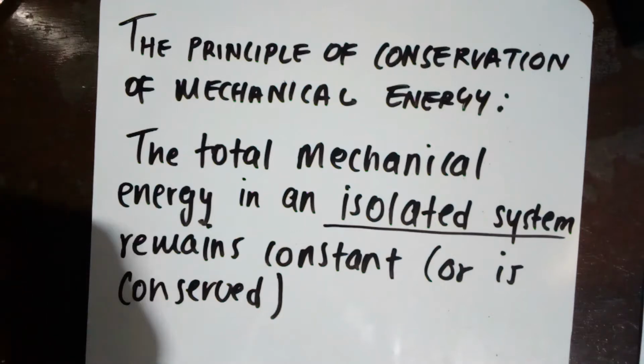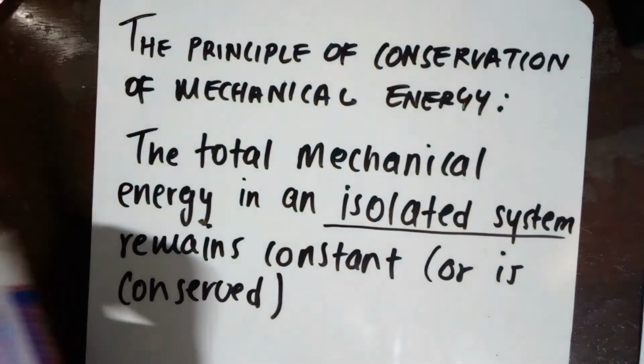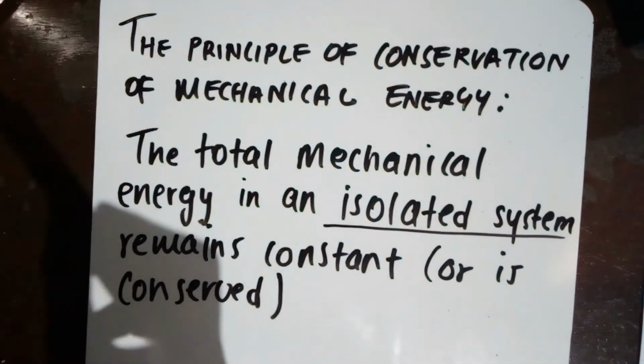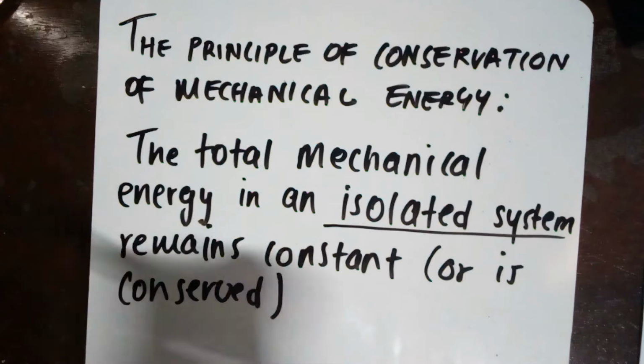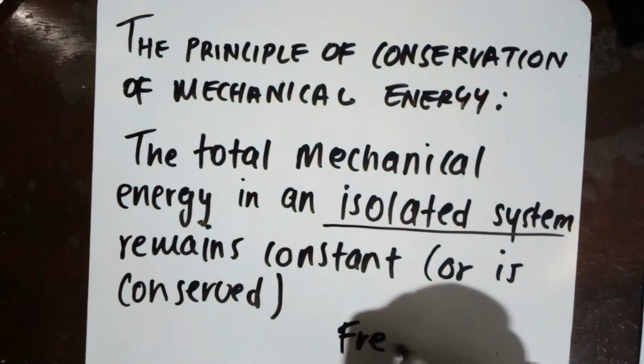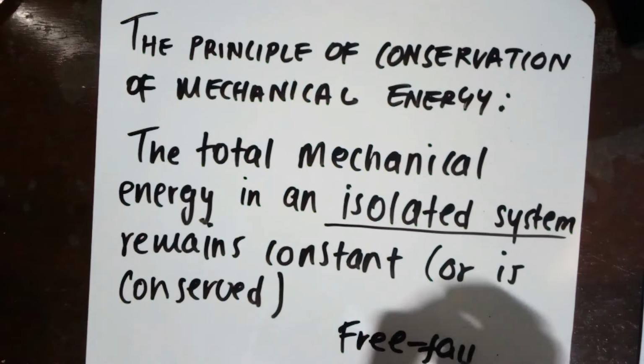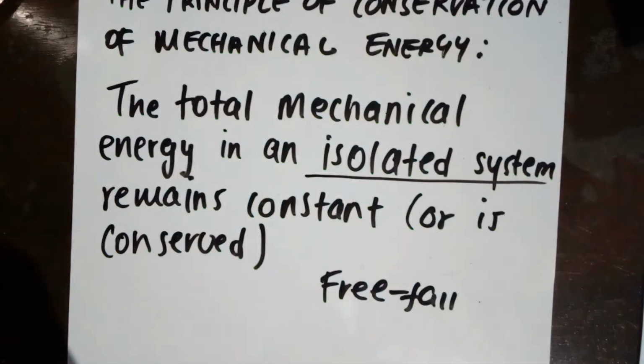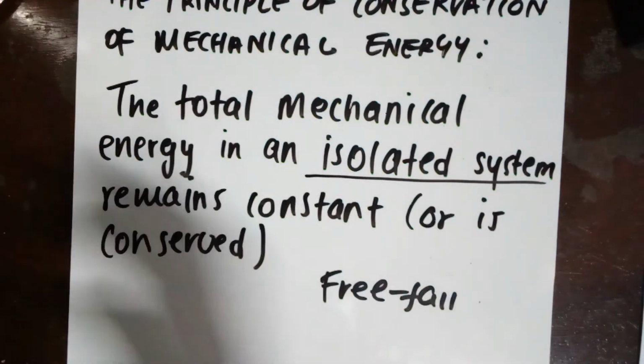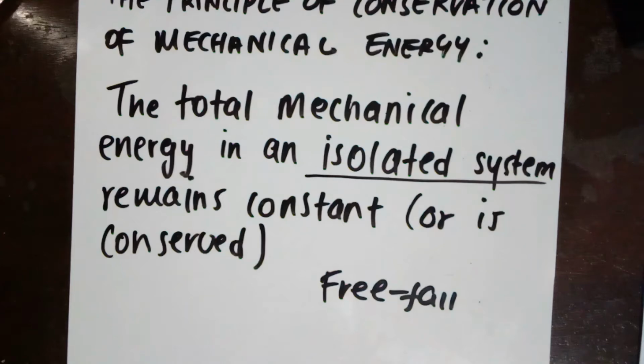So, in the absence of air friction or any other external forces, the mechanical energy of an object in the Earth's gravitational field in what we call a free fall is conserved. So, in general, this principle comes from the general principle of conservation of energy, which says that energy cannot be created or destroyed, only transferred or transformed from one form to the next.